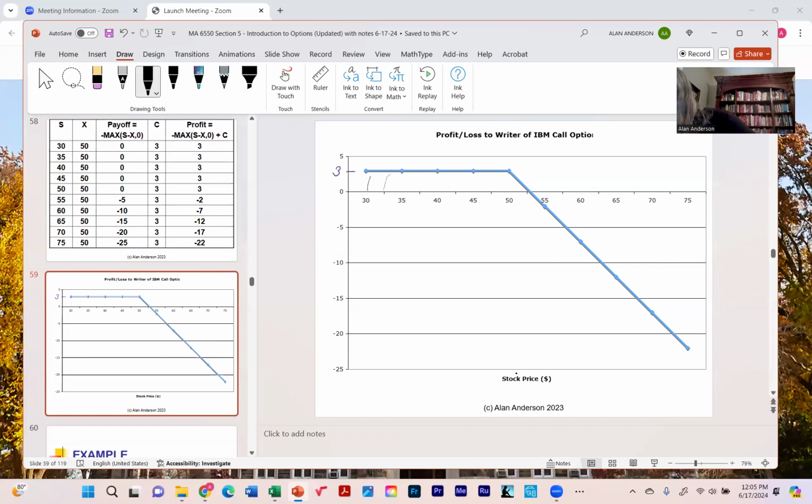So here's our maximum profit up here. Here's our break-even point, which is X plus C. And then it's all downhill after that. And once again, I'll quickly remind you what this looked like for the buyer.